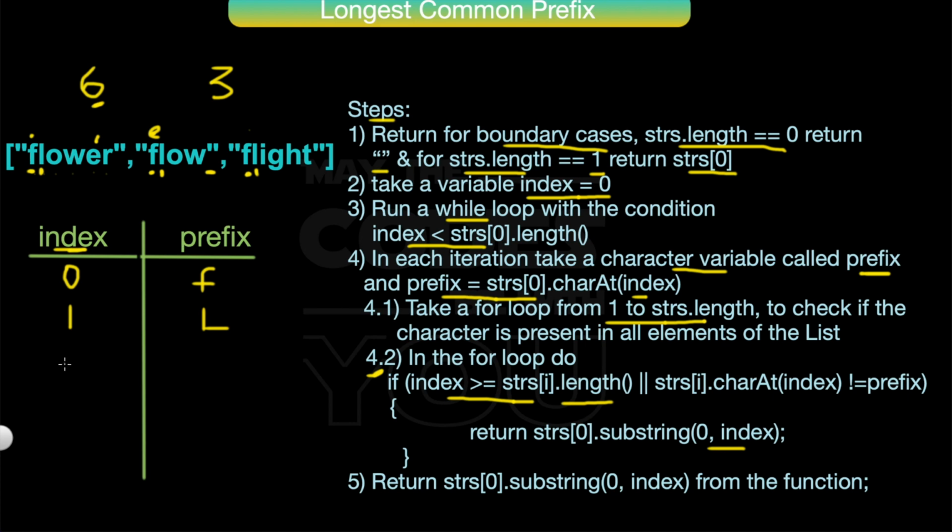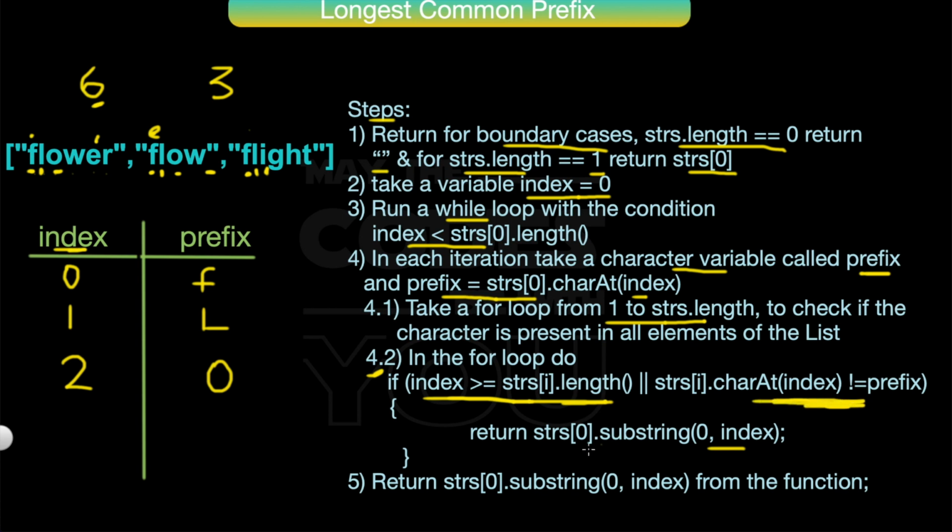So our index now becomes 2 and our prefix now becomes O. This O matches, but here we have an I. So our first condition is not triggered, but our second condition, that is the character at index is not equal to prefix, is triggered.